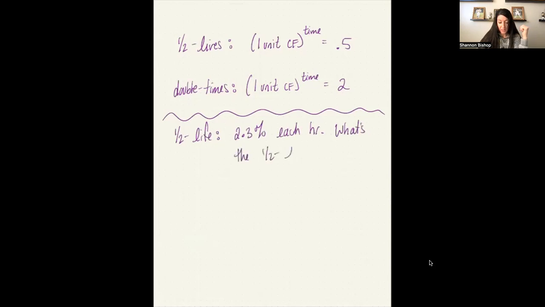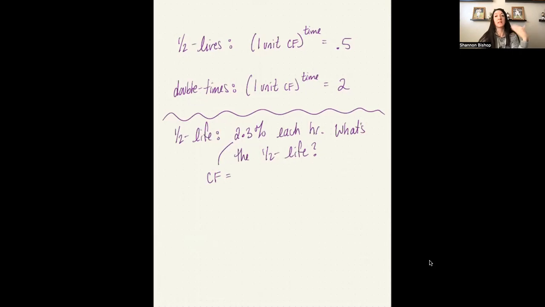So in this context, you're given the percentage change each hour. What you don't know is the amount of hours it takes for half of the drug to be present. So what you first need to do is take this percentage and turn it into a change factor, by first realizing that anytime it's a problem about your body metabolizing a drug or medicine, that's always exponential decay.